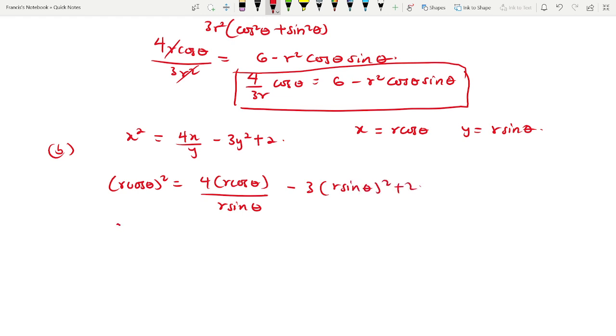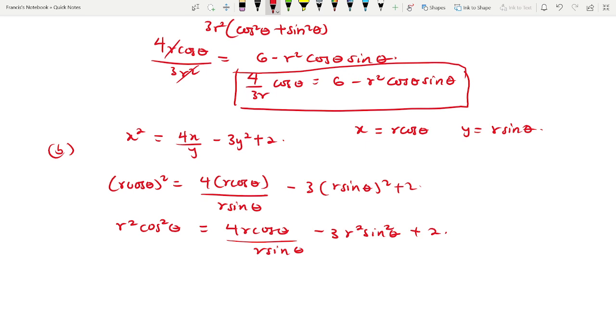So here will give me r squared cos squared theta is equal to 4r cos theta over r sine theta, minus 3 r squared sine squared theta plus 2.